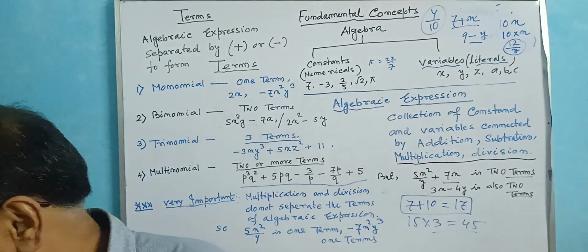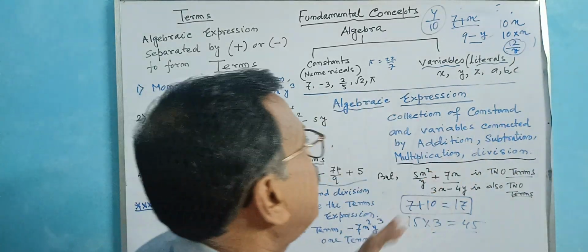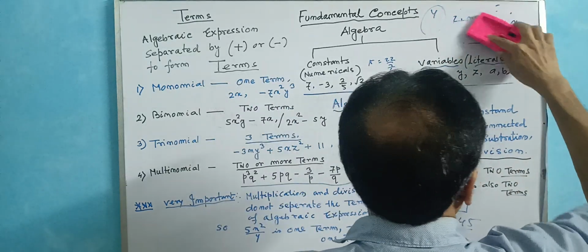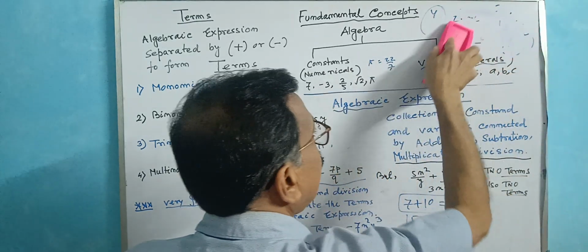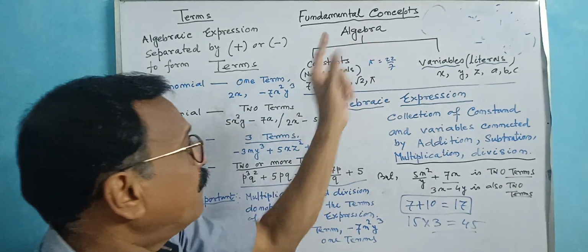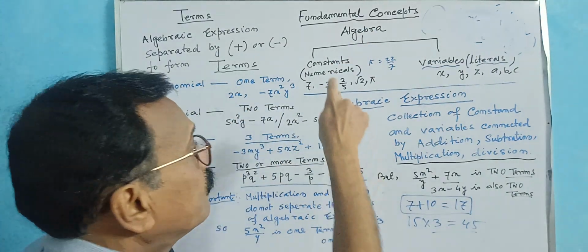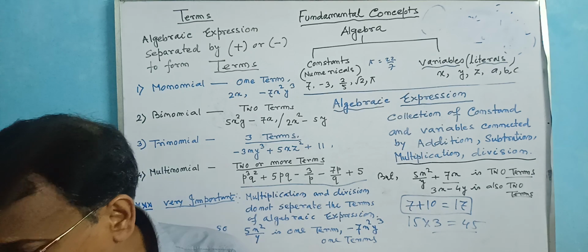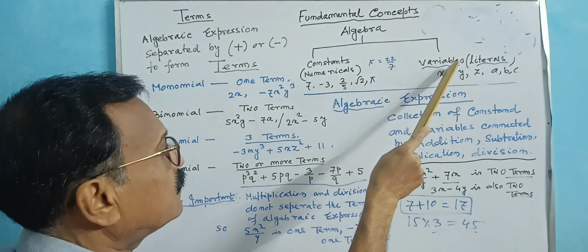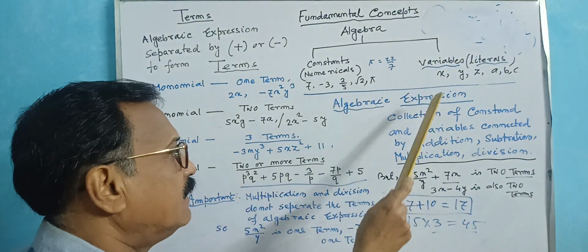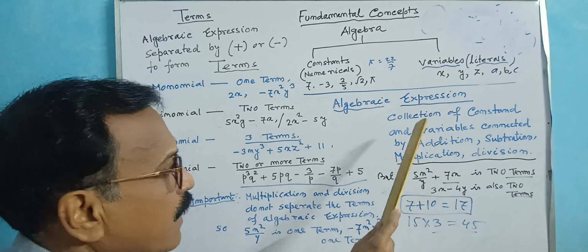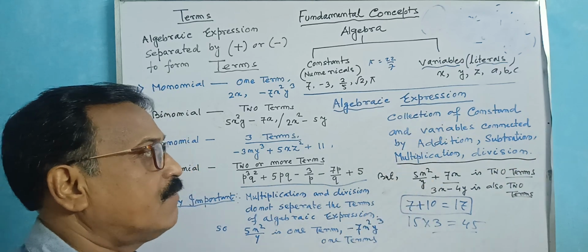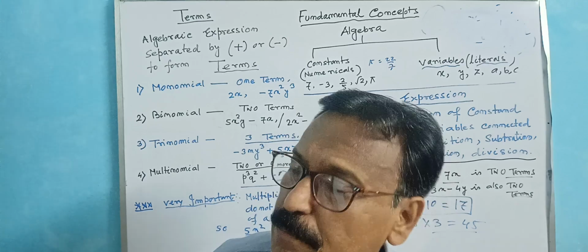So clear what you mean by an algebraic expression? Clear? Now repeat: in algebra, the main things are the constant and the variable. Which one is constant, which is variable, and what is an algebraic expression? A collection of constant and variable connected by addition, subtraction, multiplication, division.